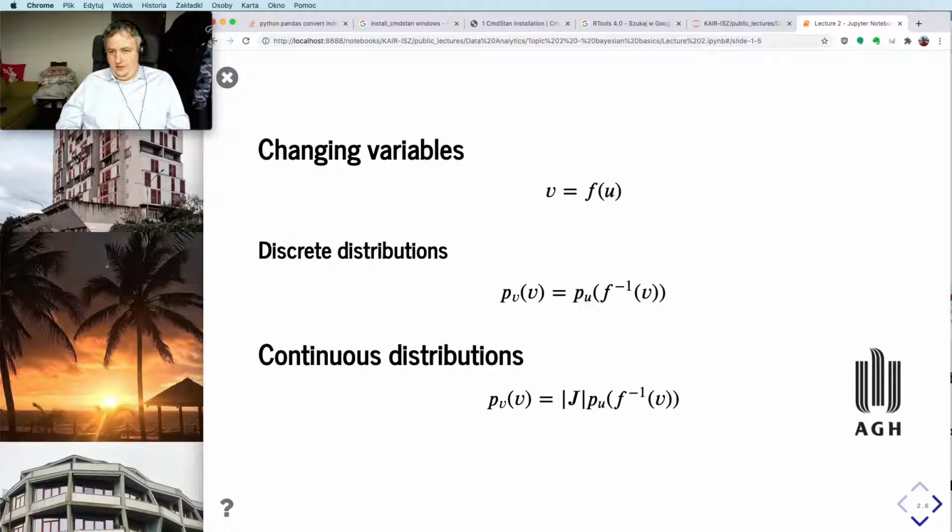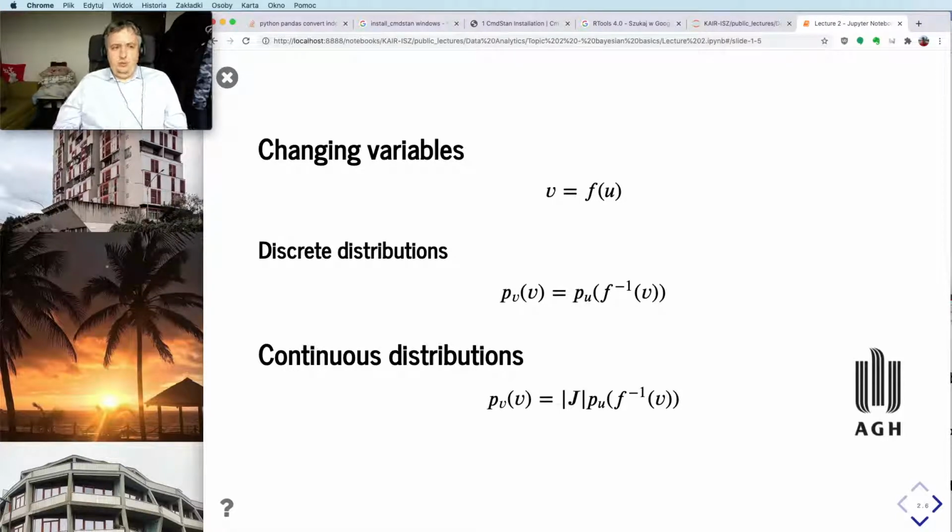When changing variables of a discrete distribution, that is, where we have limited options or discrete positions of variables, generally we have a limited number of options that we need to assign the probability to. Then it's much easier. We just assign the probability to the inverse function.